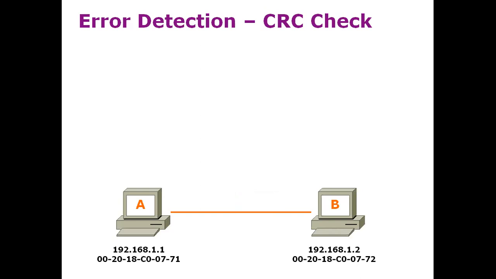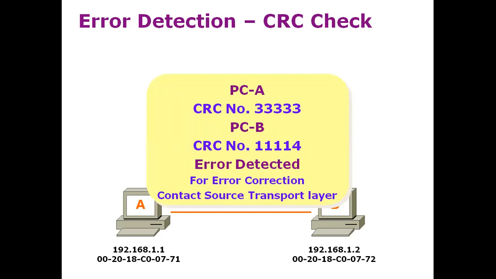System B is accepting the data, but system B will also run the CRC algorithm here. But system B has detected some error there. So this is the error. So system B will ask system A for the same data.